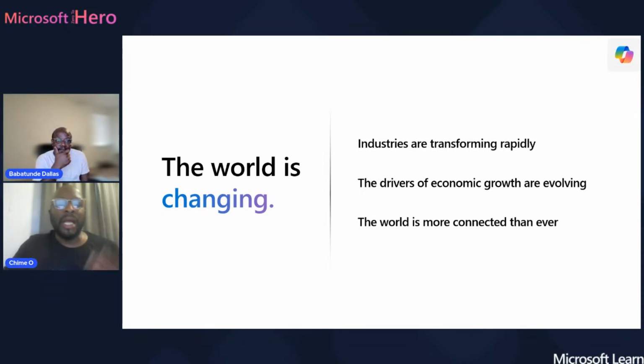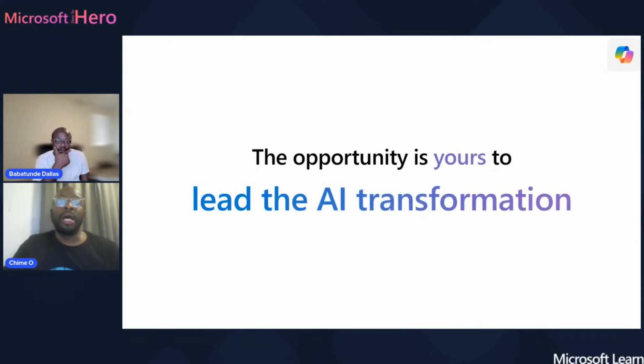So this has now given us a lot of opportunity when it comes to technology. Technology has advanced, and there's a lot more potential for meaningful impact. The opportunity is open to everyone to lead and transform this AI transformation, as I call it. So how are organizations going to utilize the full potential of artificial intelligence while at the same time safeguarding their business, their data, and their employees?